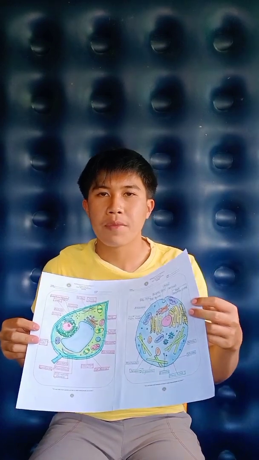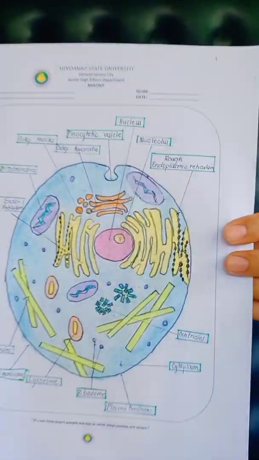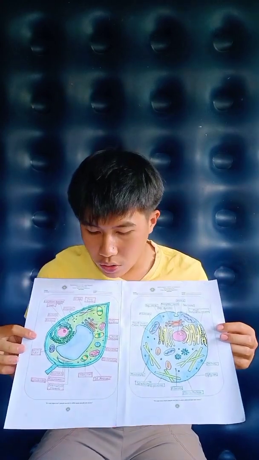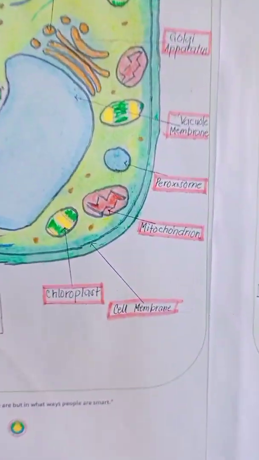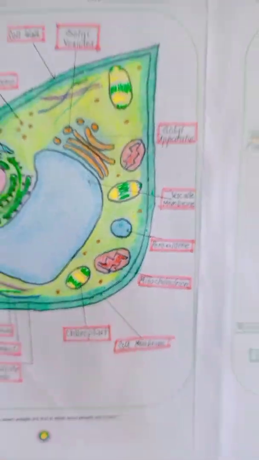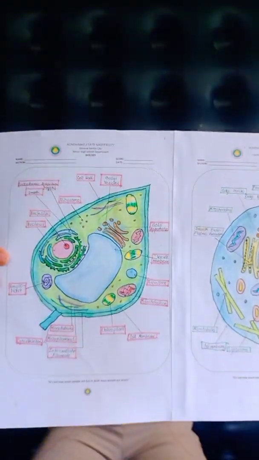Ito yung parang gumagawa sila ng pagkain, ganun. And it is not present in the cell of an animal because hindi naman po nagpo-photosynthesis ang animals, kaya wala po silang chloroplast. The chloroplast is only present in the cell of a plant.